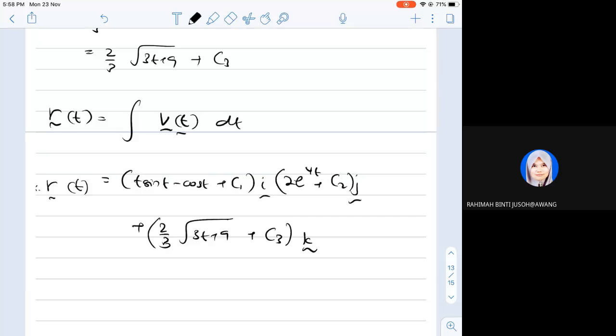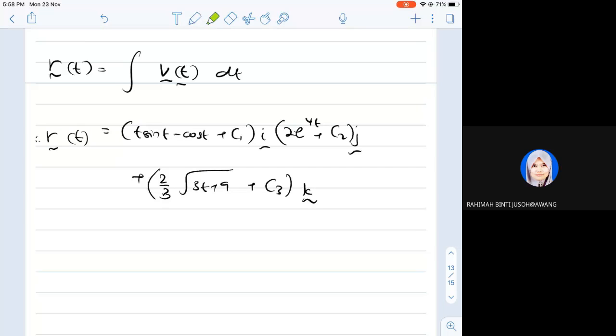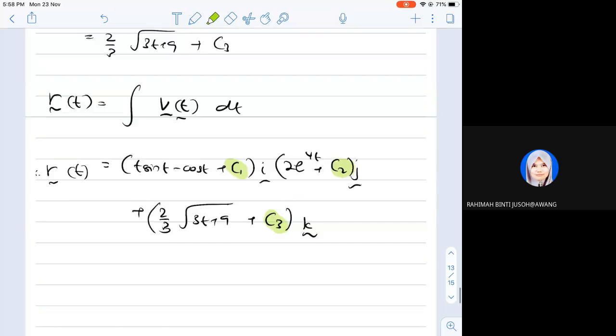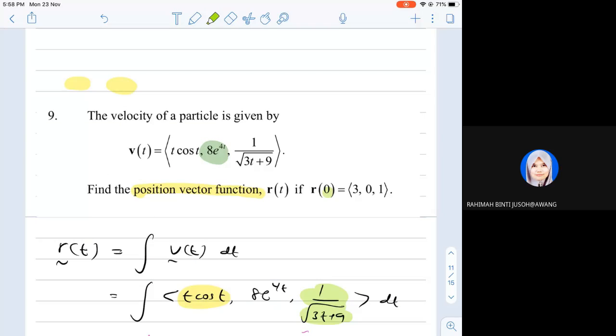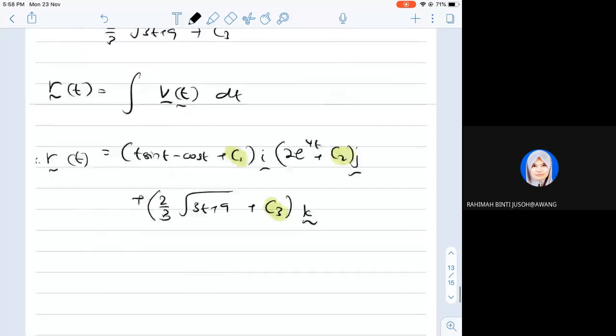But we need to find the values of C1, C2, and C3. Look at the equation again. We have r(0), which means t equals 0. Substitute t equals 0 into our r.